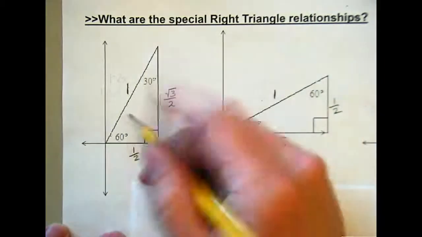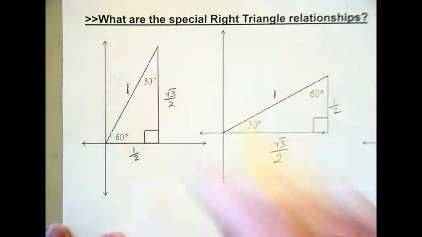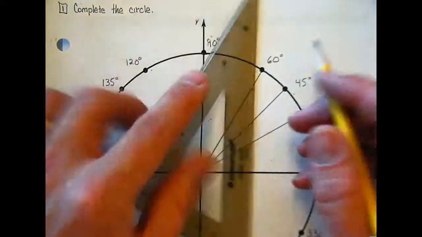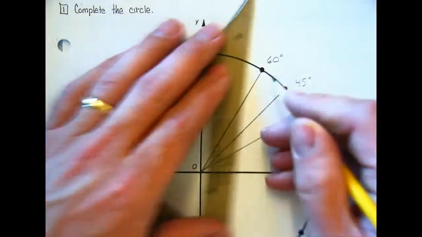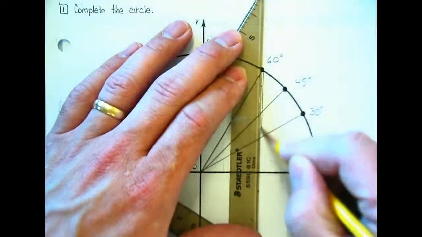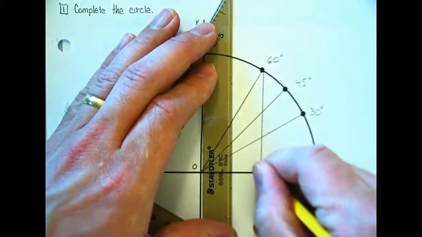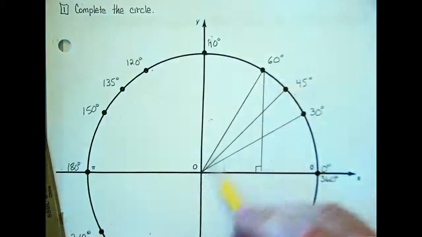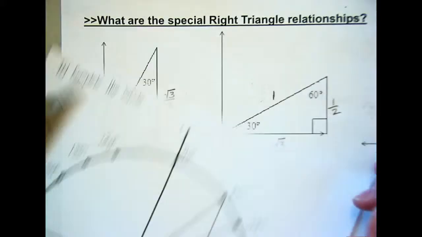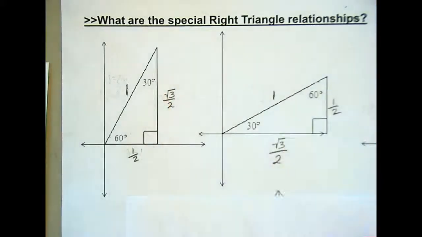Very good. So, hopefully we recognize that these triangles right here, this 60 degree angle that goes up, is if we drop an altitude. That gives us that 60 degree and 30 degree and 90 degree. It gives us this triangle right here. Right?